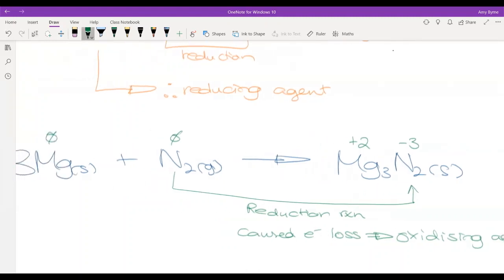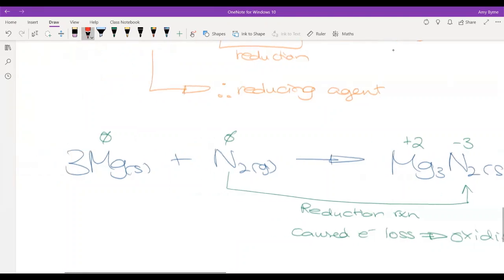Okay, now let's confirm by looking at the magnesium. So magnesium has undergone an oxidation reaction because it has effectively lost electrons.